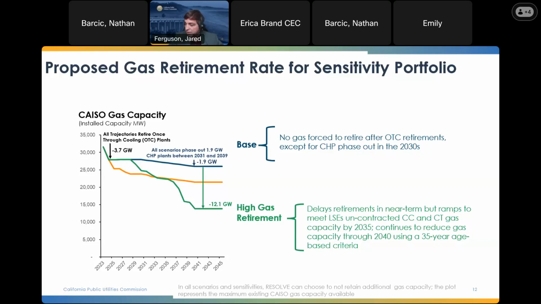This is not the process by which we are identifying specific gas units to model as retired in the mapping results. That, as Nathan noted, will be discussed at the end of this webinar. Resolve only looks at the system level by technology type, and so this is not looking at individual resources yet. Next slide.